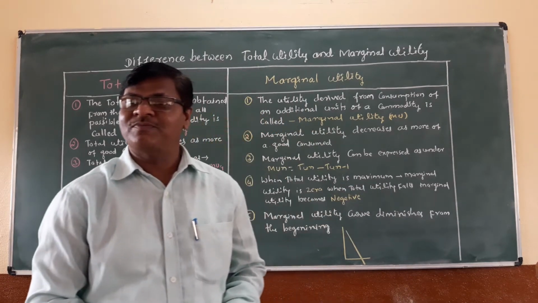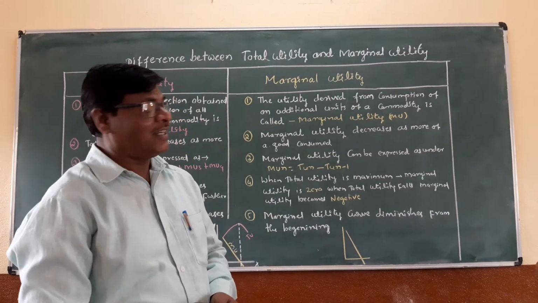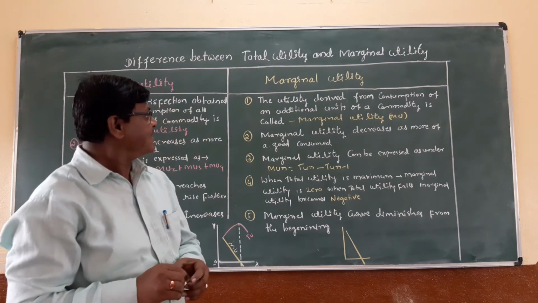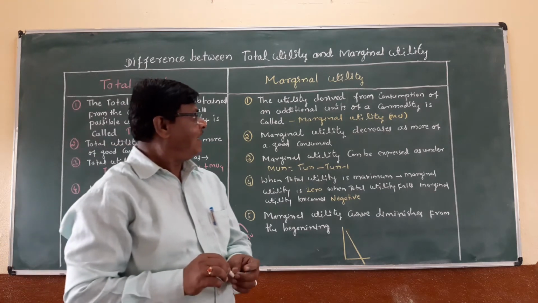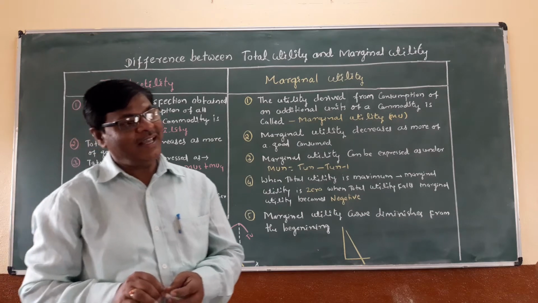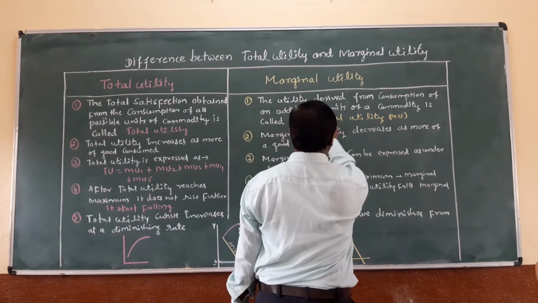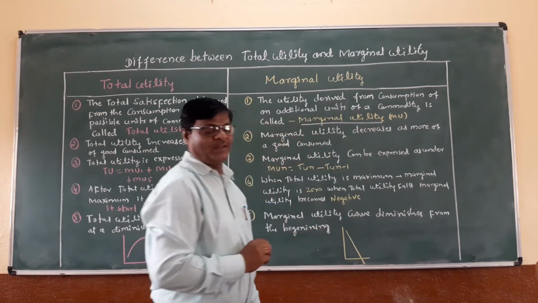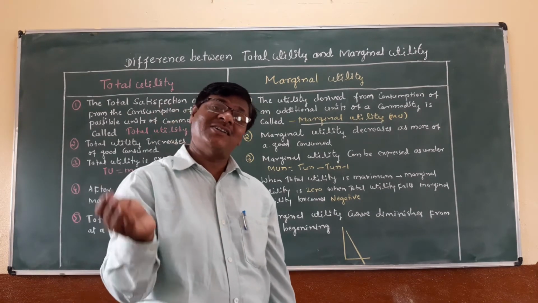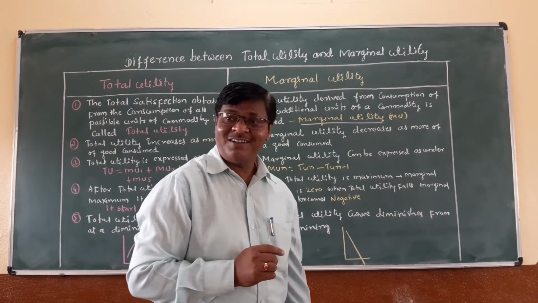In the case of marginal utility, it is derived from an additional unit. It is the utility derived from the consumption of an additional unit of a commodity, called marginal utility, MU.